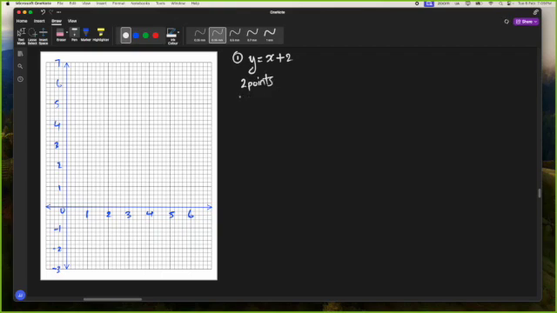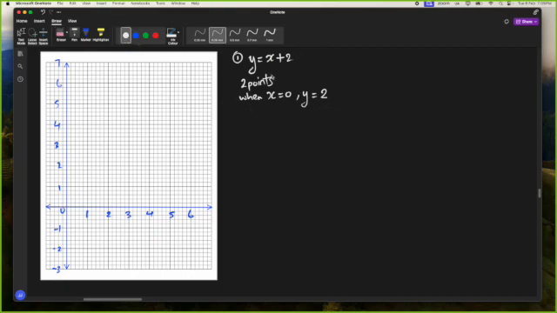So when x is 0, y is going to be 2. So if x is 0, y is going to be 2, right? Let me go when y is 0. When y is 0, x is going to be minus 2. I don't have minus 2 on my graph, so I won't do that.